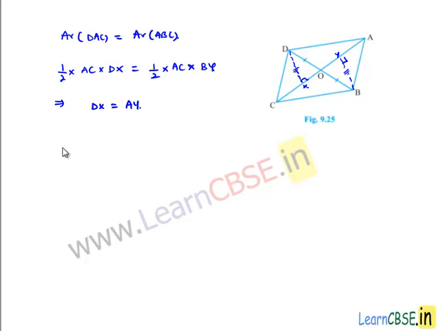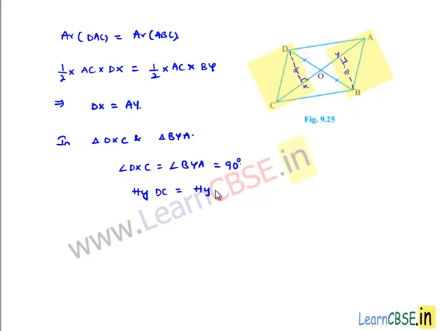Now let us consider both the triangles, that is triangle DXC and triangle BYA. In these both triangles, angle DXC is equal to angle BYA, which is equal to 90 degrees, and hypotenuse DC is equal to hypotenuse AB in both the right angle triangles, and also we got DX is equal to BY.